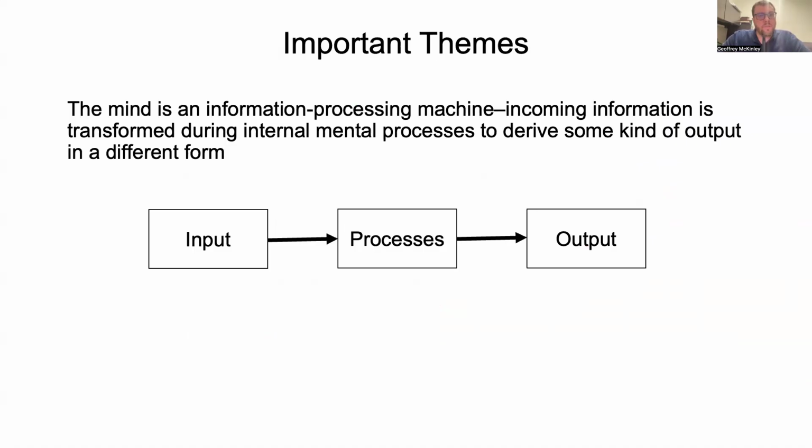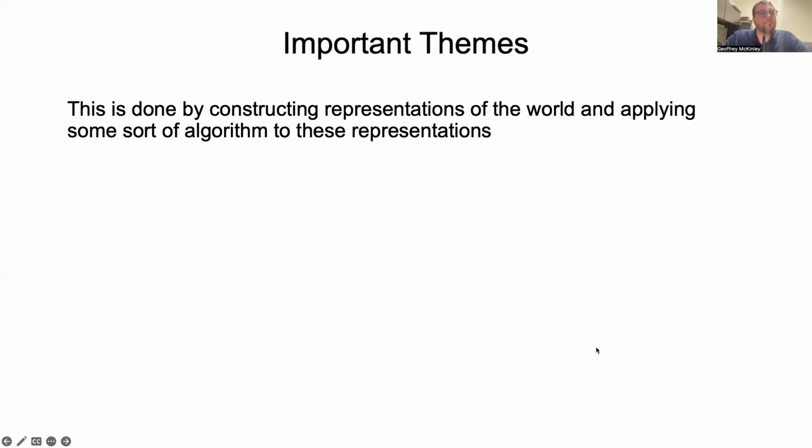So what is information processing? Well, it involves constructing representations of the world and applying some sort of algorithm to these representations. So what's a representation? A representation is simply you are representing in your mind something that stands for something in the real world, right?